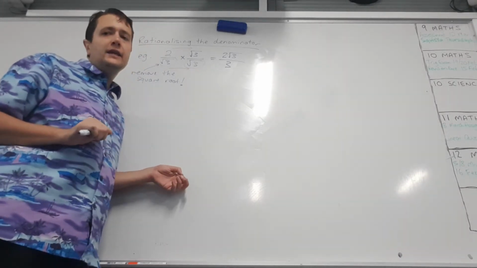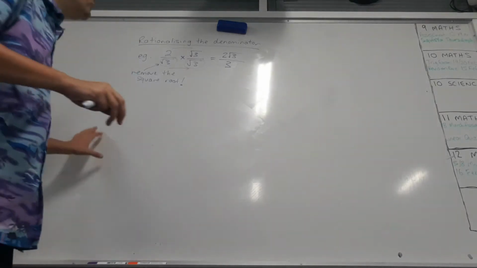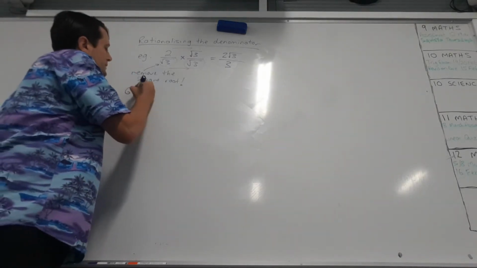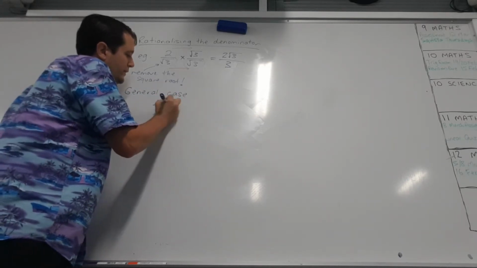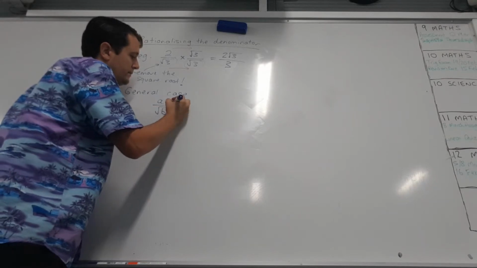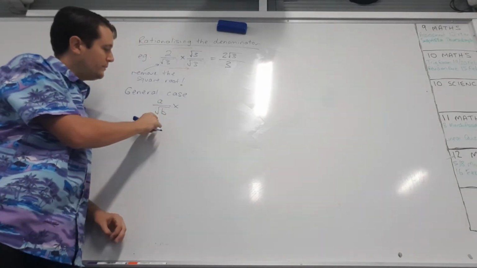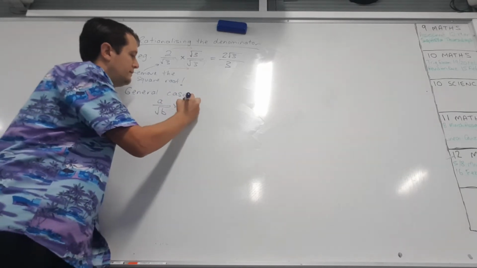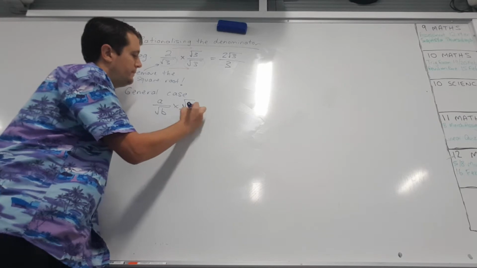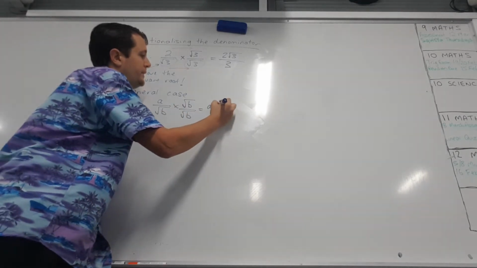Now, you can get more complicated ones than that. I'll give you a general rule for what we're doing. If you have some value over the square root of b, to rationalise that denominator, you're always going to multiply by that denominator on the top and bottom, which will leave us with a root b on top.